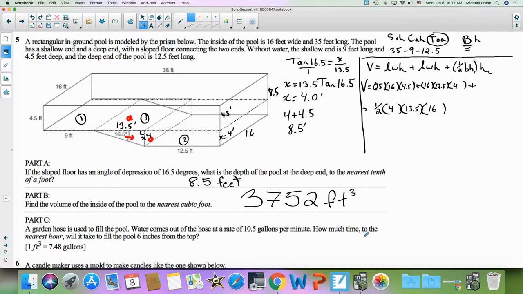C, a garden hose is used to fill that pool. Well, that's not efficient. Water comes out of the hose at a rate, a speed, a velocity of 10.5 gallons for every minute. How much time to the nearest hour would it take to fill the pool 6 inches from the top?